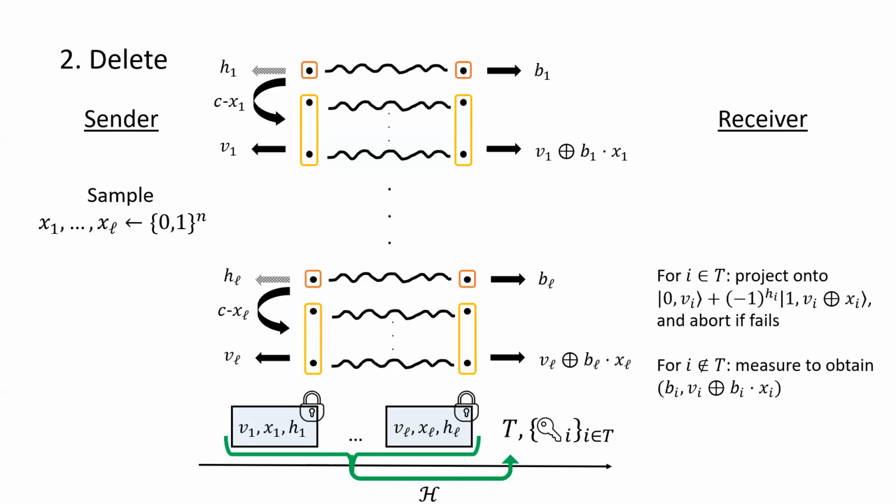And if they all accept, then we'll take the unchecked sets, so for I not in T, and the parties will measure them, as I described in the earlier slide, to get some set of correlations. Okay. So now, what can we prove about these correlations? Again, they're not all going to be perfectly secure, there might actually be some B_i's here that the sender actually knows.